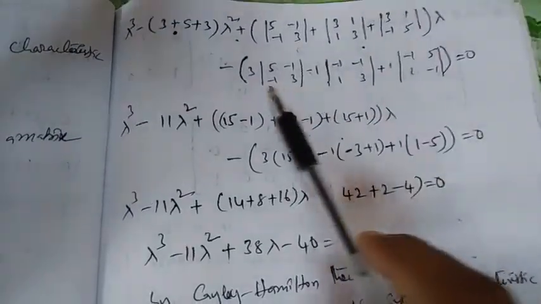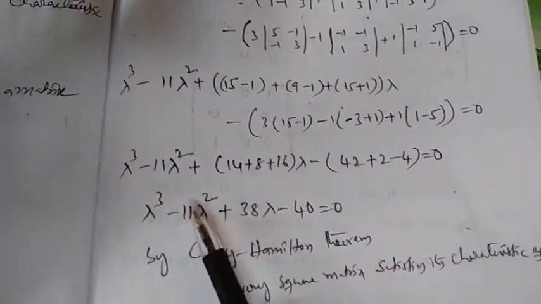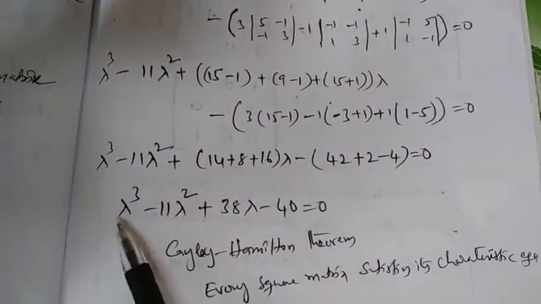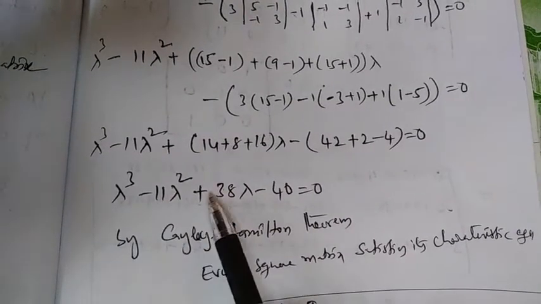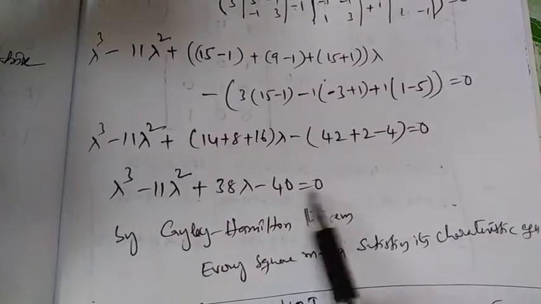Okay, into lambda. Now do this calculation, equal to 0. Simplify this to get the characteristic polynomial: lambda cube minus 11 lambda square plus 38 lambda minus 40 equal to 0. Now this is the characteristic polynomial.